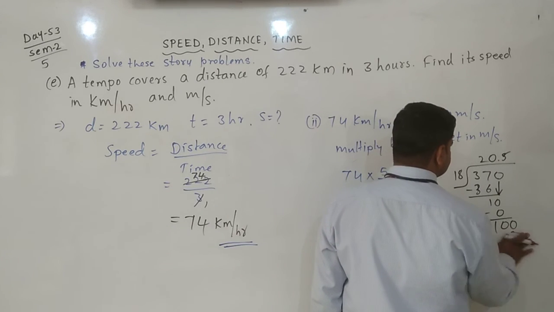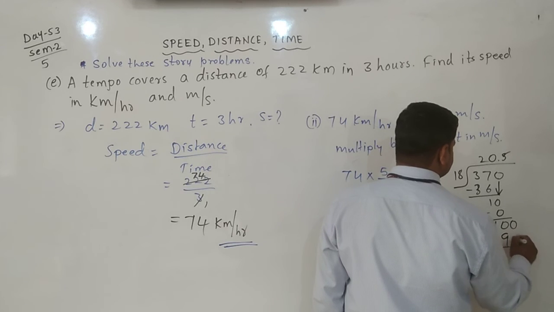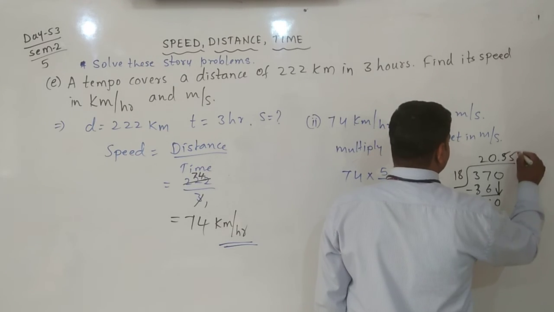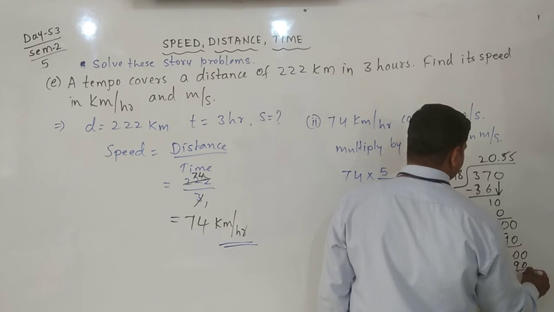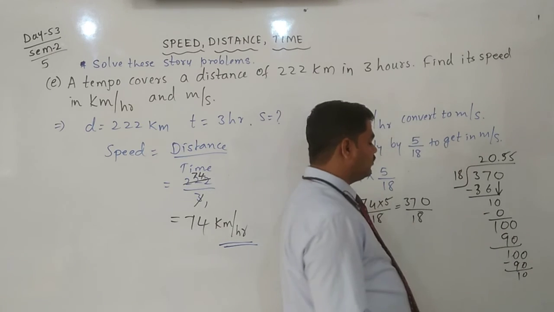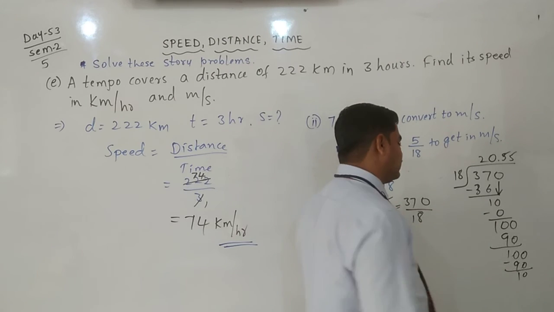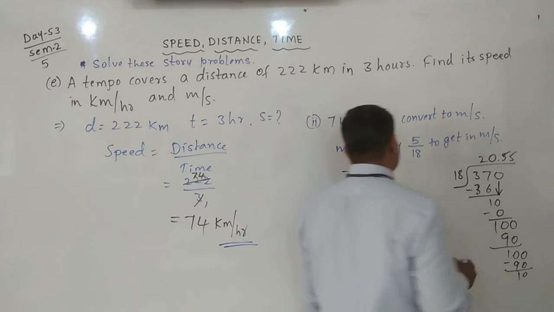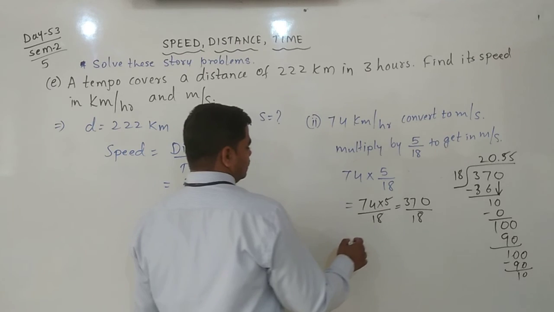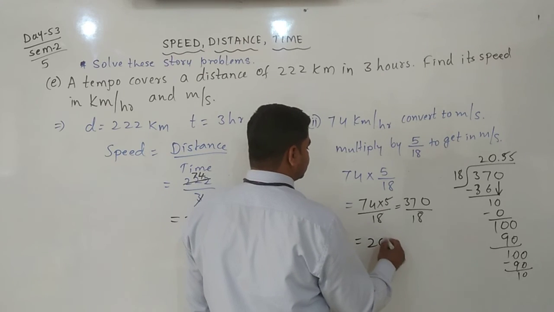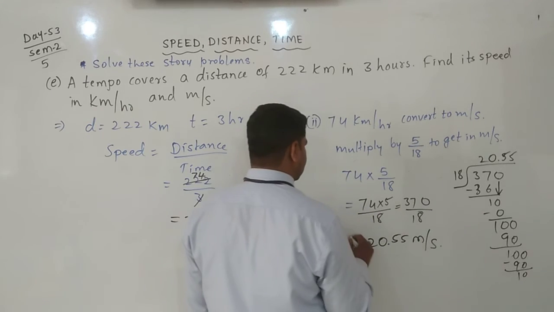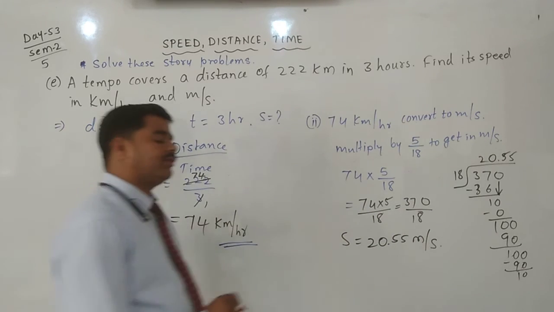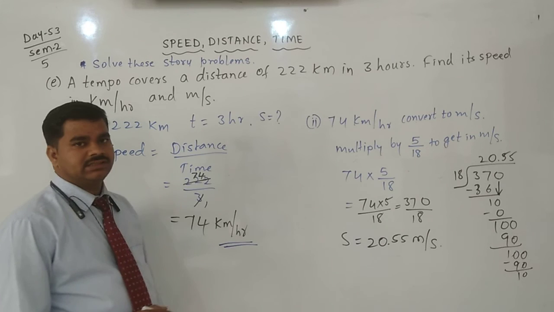Again 10 remains. Yes or no? Again 18 5s are 90. Whatever you subtract, you get 10, 10, 10 like this only. Then we can write its speed in meter per second is 20.55 meter per second. It is near to 20.55 meter per second.